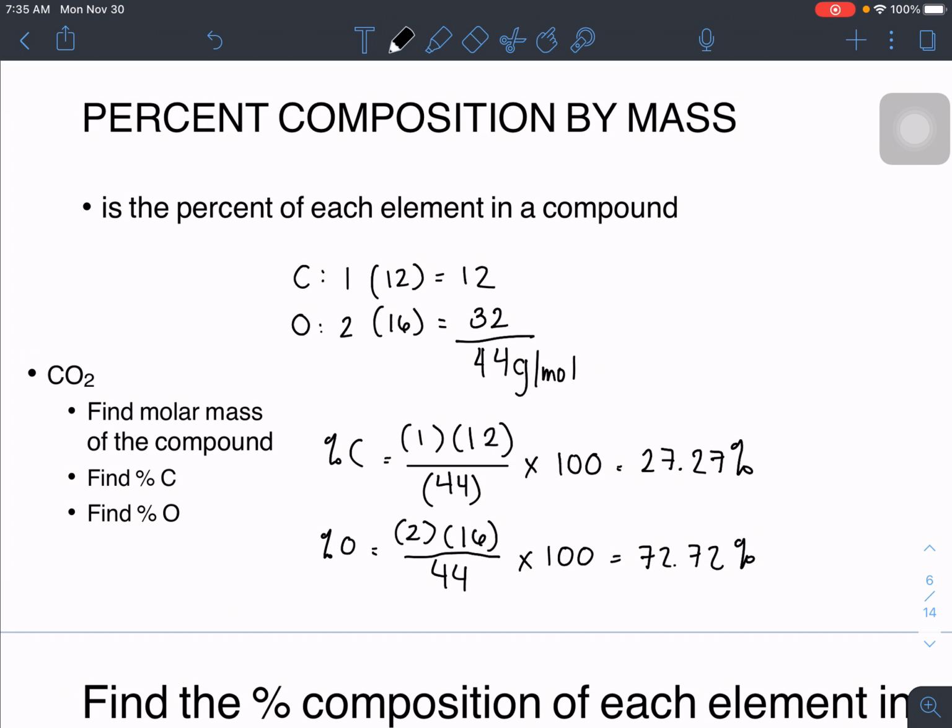When we add up 27.27% with 72.72%, that will be almost equal to 100%. With that, that is our way to check the accuracy of our answer.